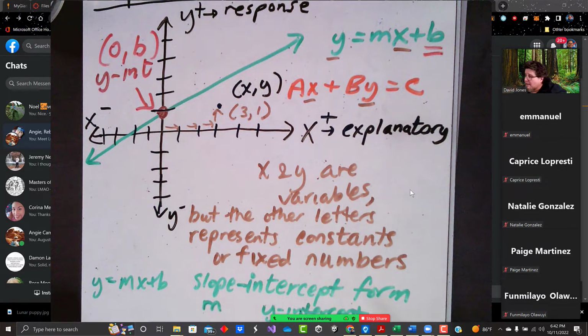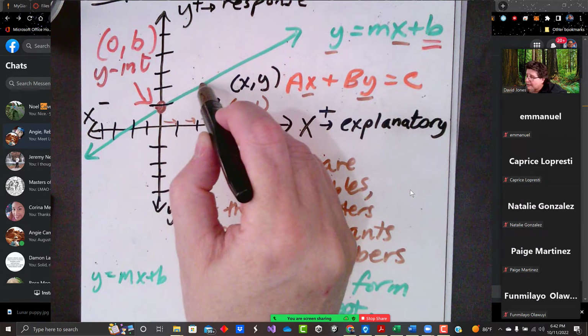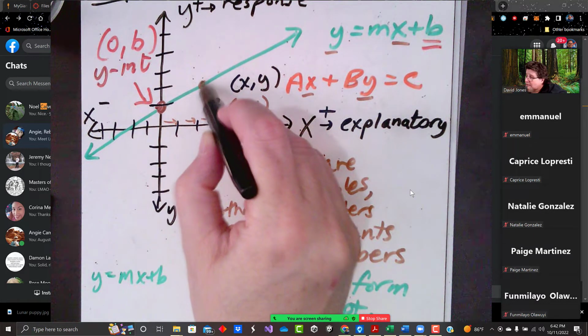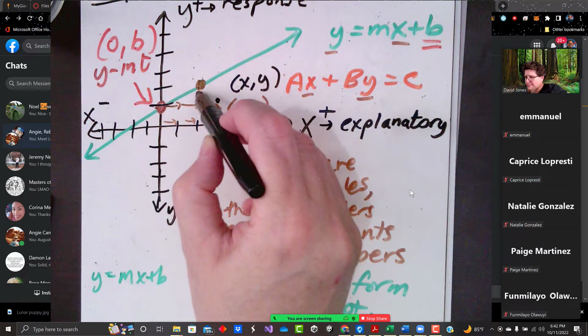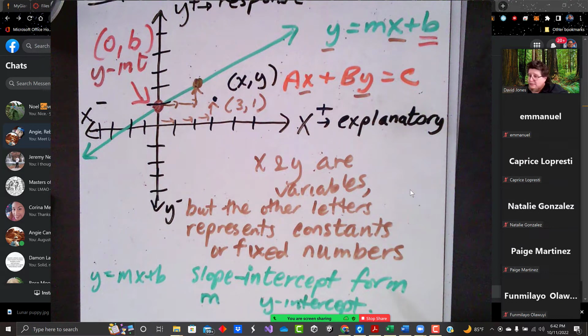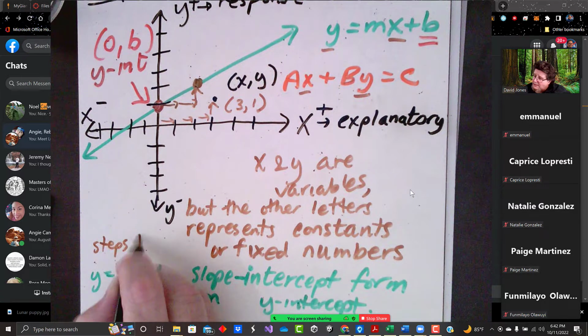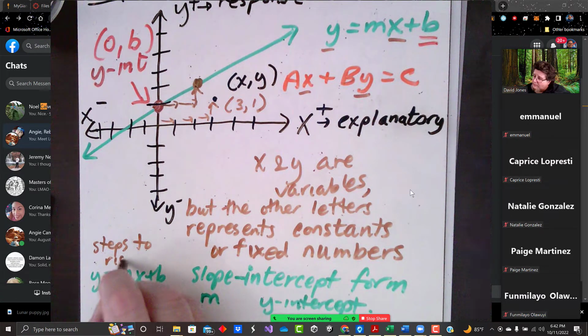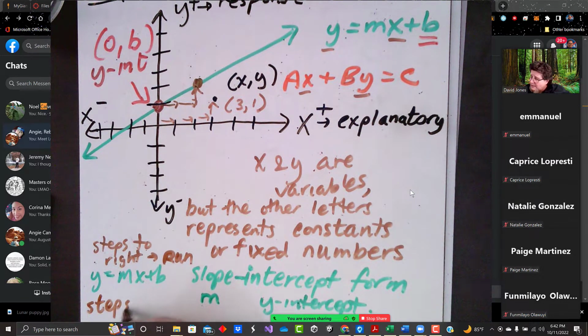This is pretty handy because we can use it for the slope. So if I do 2 different points on the line, and I do that counting thing, how many times I go over and how many times I go up, the steps to the right are called the run, and the steps up are called rise.